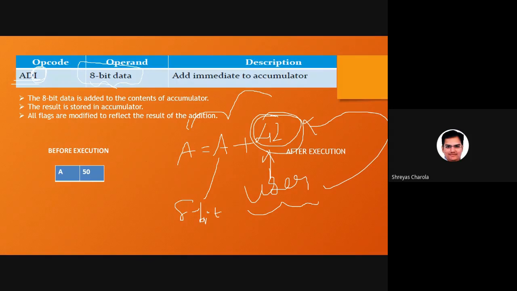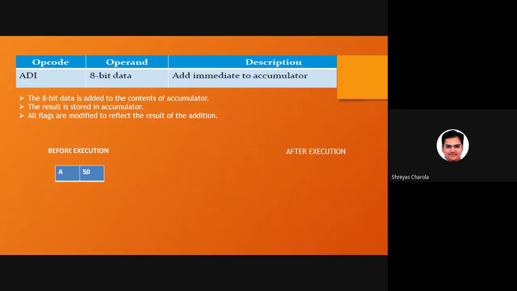Now let's suppose consider here the accumulator is 50. When you write an ADI 10, what should be the answer in accumulator? Here it's a user defined data.